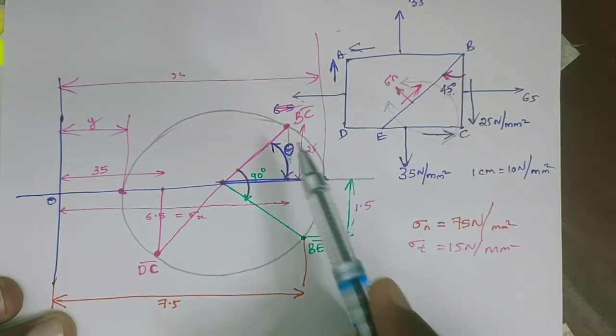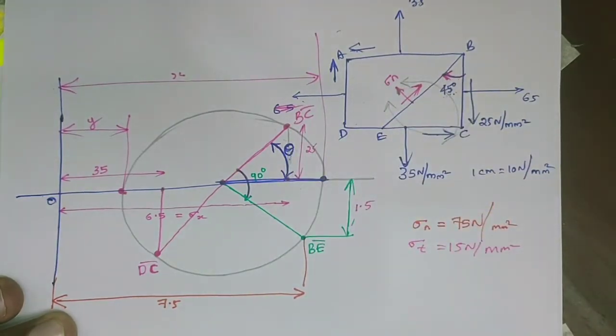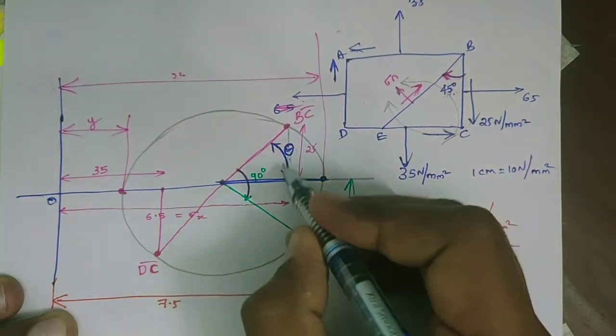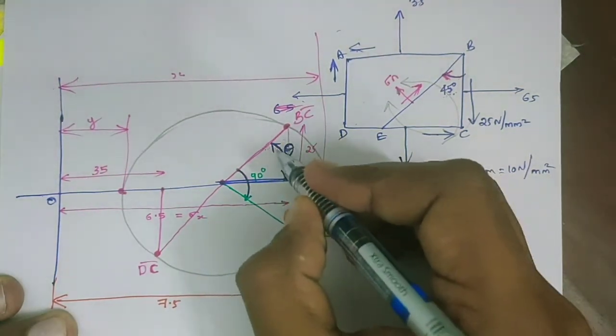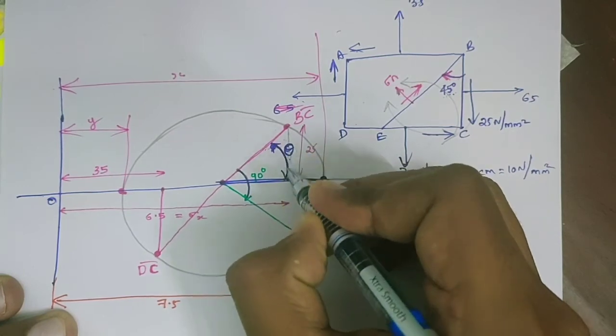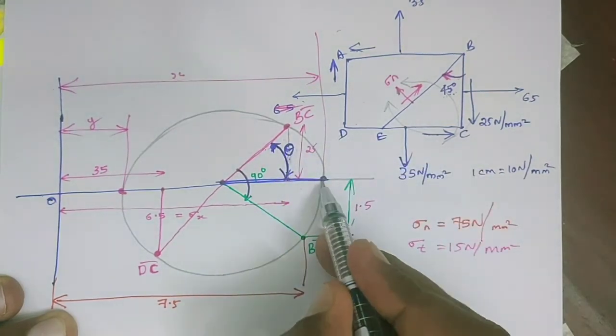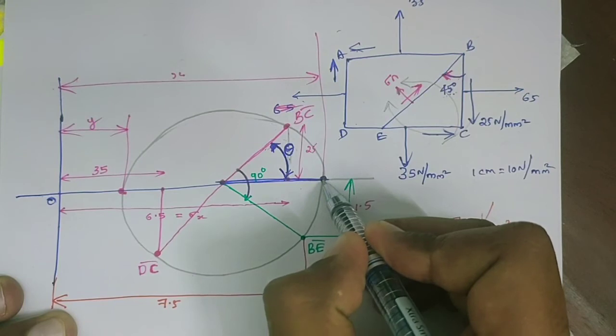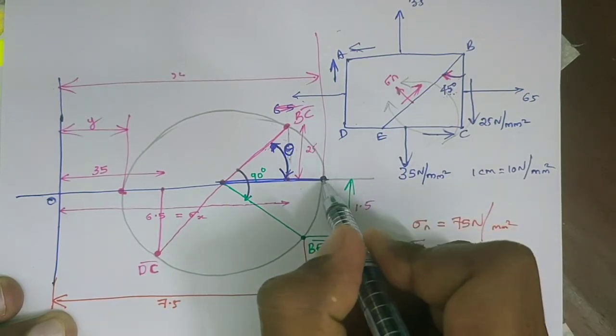So if we got it as theta, here we can see from BC, by the clockwise rotation, we come to the point of the principal plane.